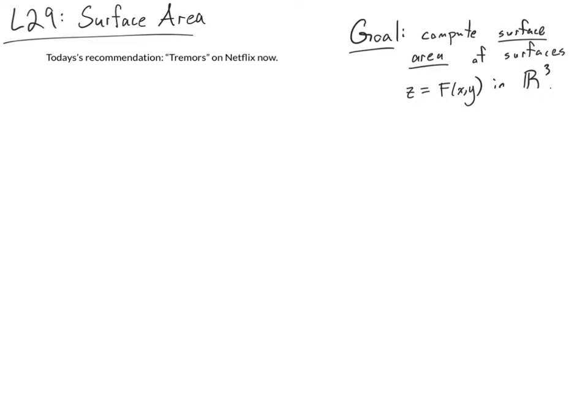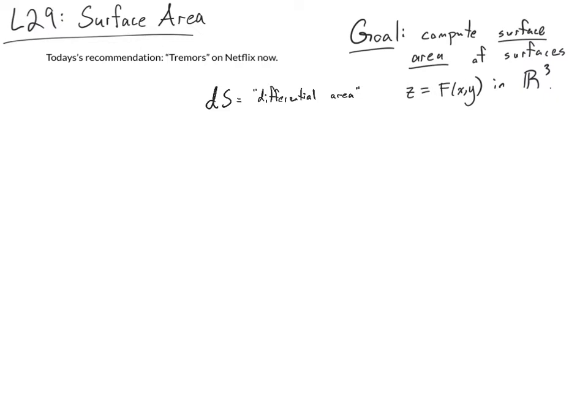The idea here is we're going to get a little dS, which is our differential area. And how are we going to get that? We're going to get it with cross products.